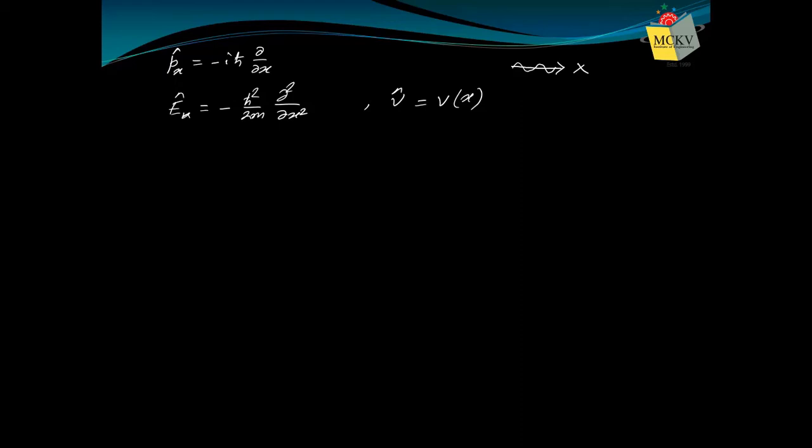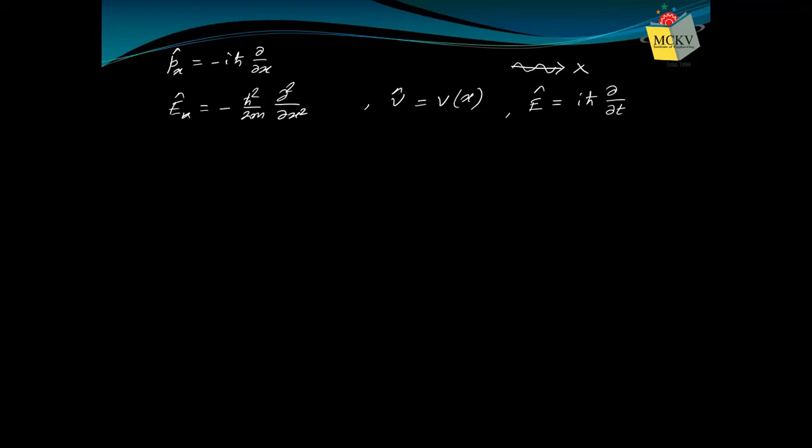Example, if you hold your pen at a height of 5 feet from the ground, then the potential energy is mgh, where h is 5 feet. That will be the potential energy operator, so it is the same as potential energy. And we had the total energy operator as i h cut del by del t.